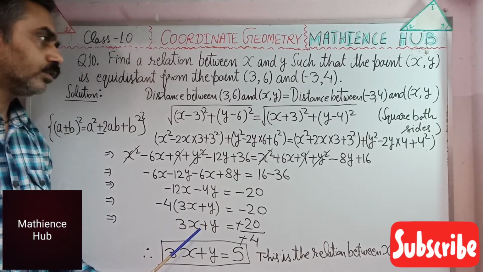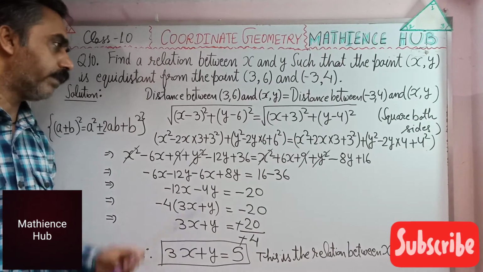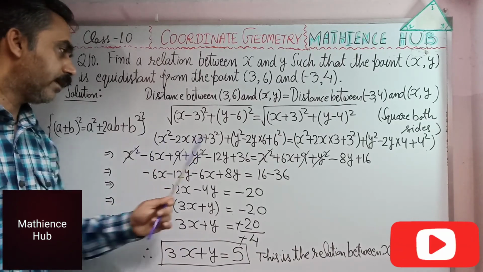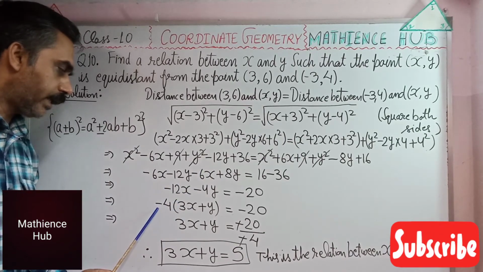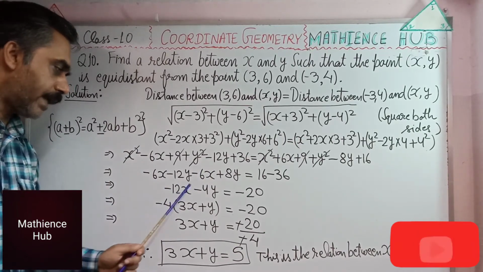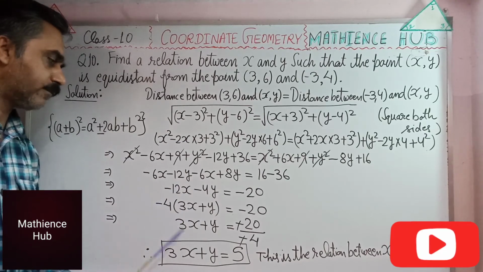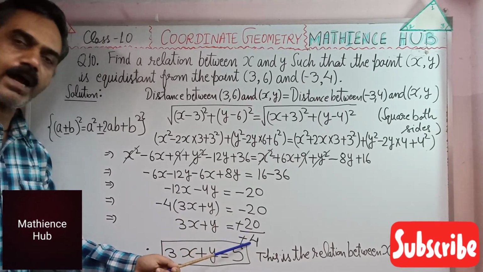So you see, write down these two steps very carefully. And now we take common minus, so minus minus is plus, and this minus 4 comes to the right side and then we divide.